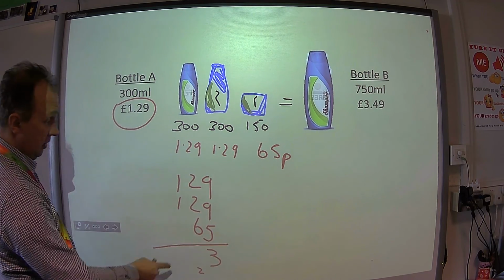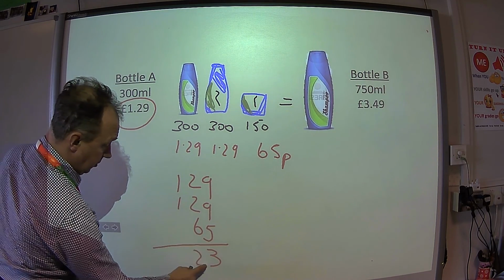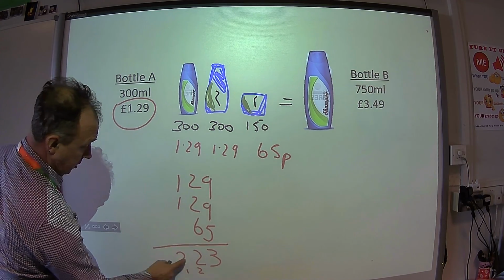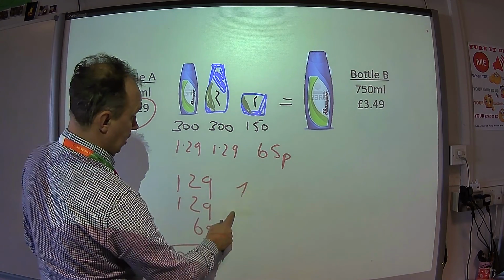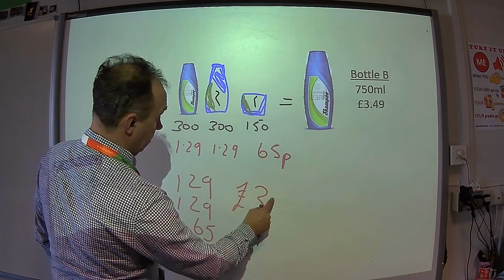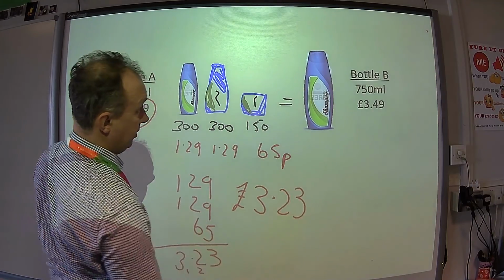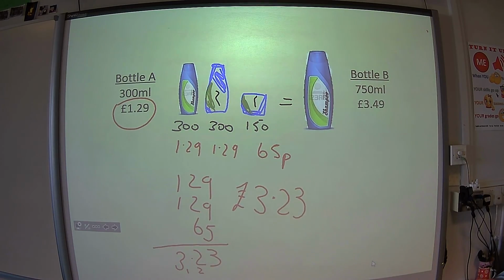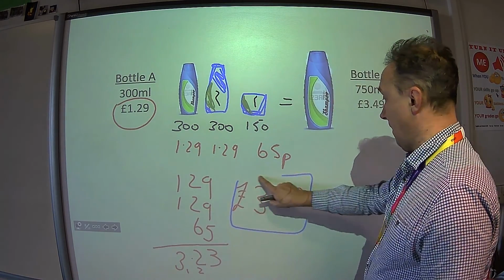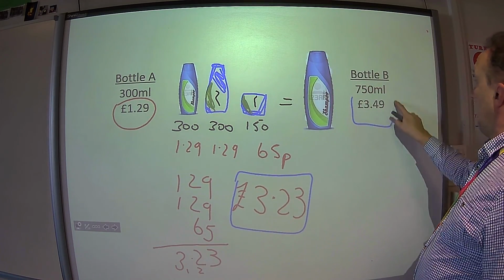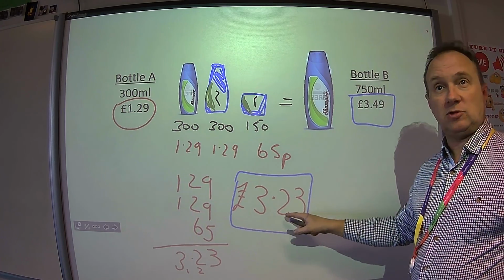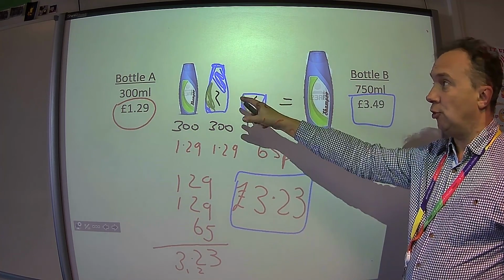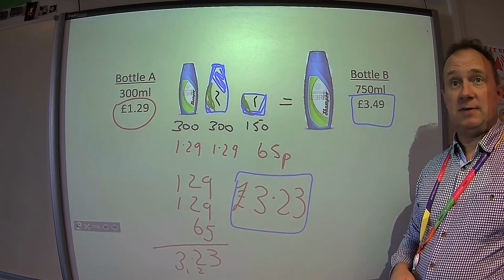Carry the 2 over. This is 10, 11, 12. Carry it over to 3. I've now got this equals £3.23. And if I compare £3.23 with £3.49, I can see that £3.23 is cheaper, so therefore bottle A is better value.